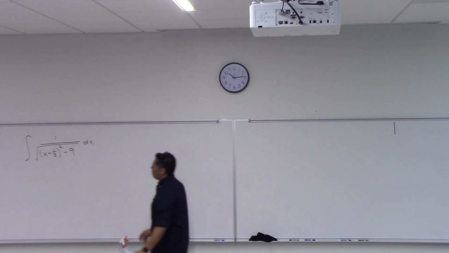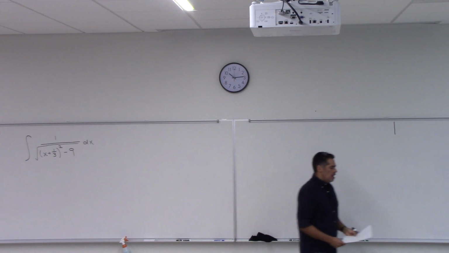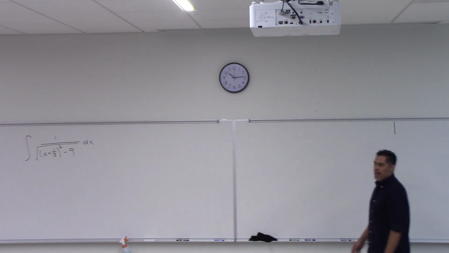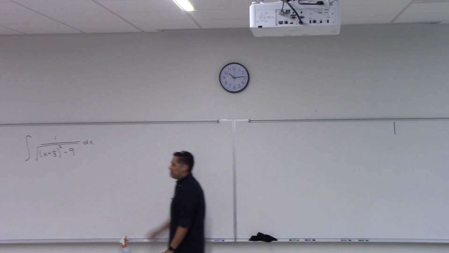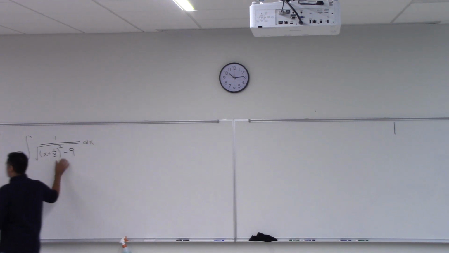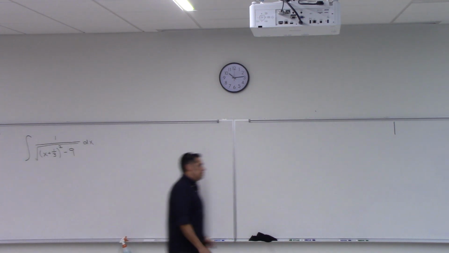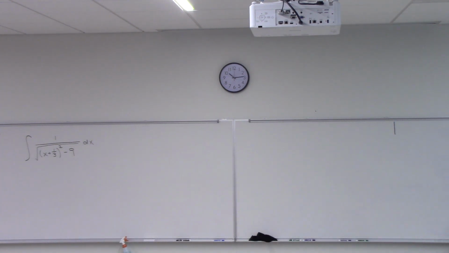So we have 1 over the square root of, in parentheses, x plus 1/3, that quantity squared, and then minus 9. What I want you to see is that it doesn't look exactly like one of those forms. I mean, it's almost the form that we need, right?